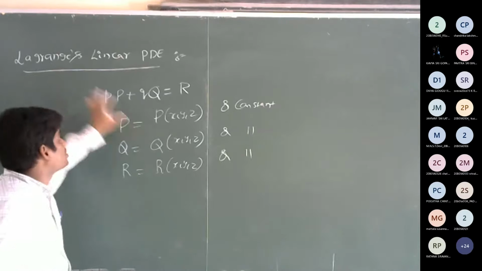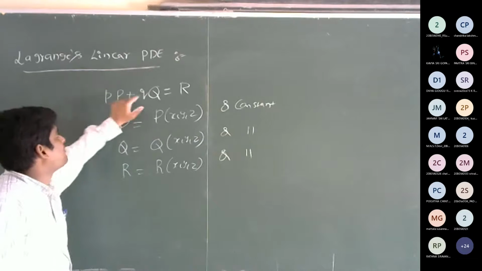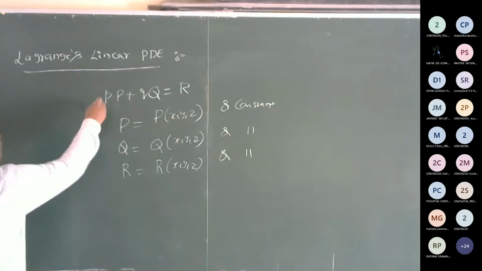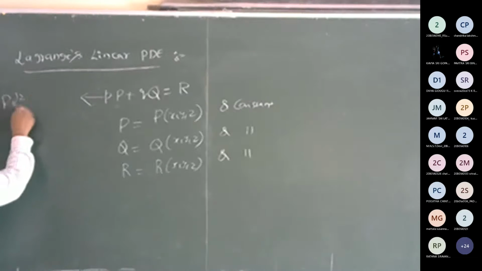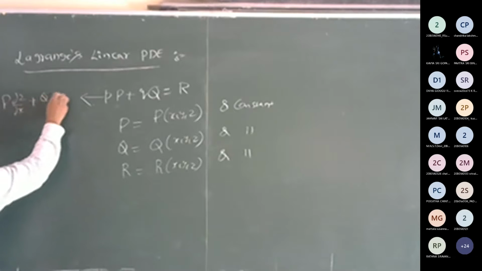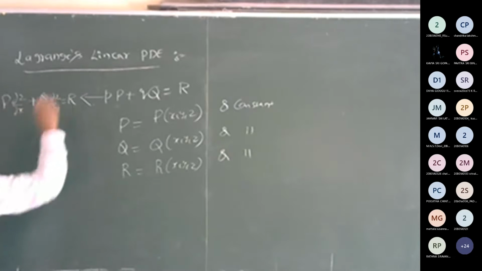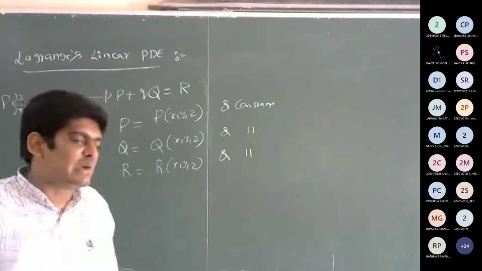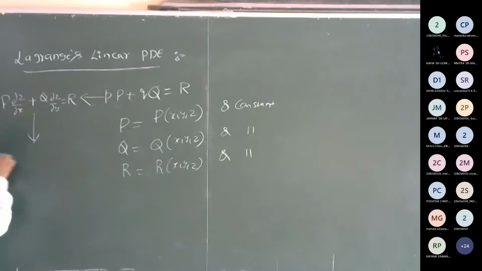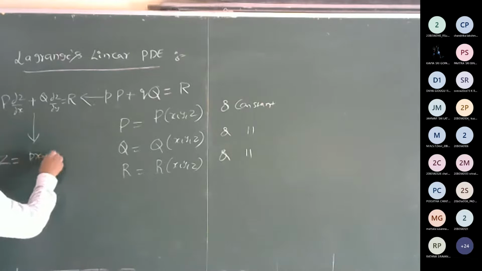Just listen very carefully. The form Pp plus Qq is equal to R is also written as capital P into dou z by dou x plus capital Q into dou z by dou y is equal to capital R. Its general solution is of the form z is equal to Px plus Qy.